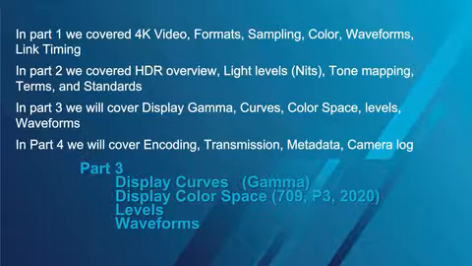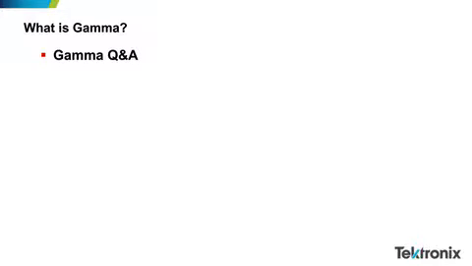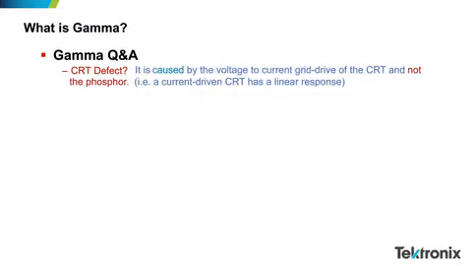So, gamma. We've got a few questions here. Was gamma a CRT defect? Not really. Gamma was caused by the voltage to current drive of the CRT and not the phosphor. If we didn't do a voltage drive of the grid on a CRT and we did a current drive of a CRT, it would be absolutely flat and linear.